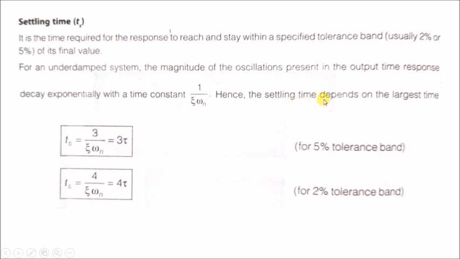Hence, the settling time depends on the largest time constant. Ts, the settling time for 5% tolerance, will be 3 times this time constant. So this will be 3 divided by zeta omega n, equal to 3 tau. Similarly, for 2% it will be 4 by this value, 4 tau. So these are some formulas you need to remember.